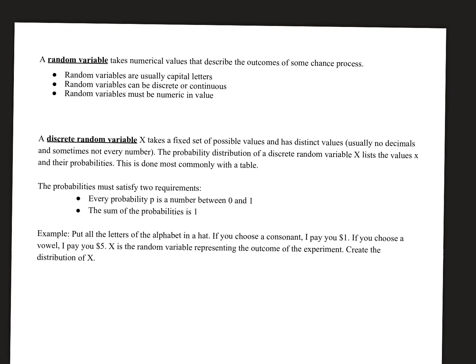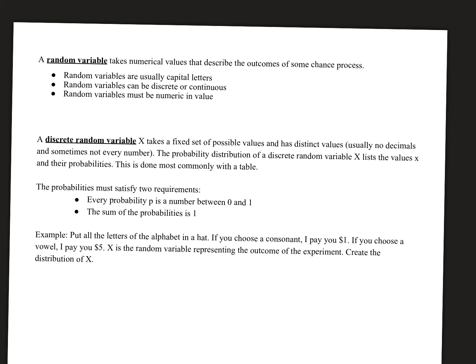So a random variable takes numerical values that describe the outcomes of some chance process. We usually use the capital variable X to represent our random variables. Now, random variables can be discrete or continuous, but they have to be numeric in value. So here's where we're going to distinguish between discrete and continuous.